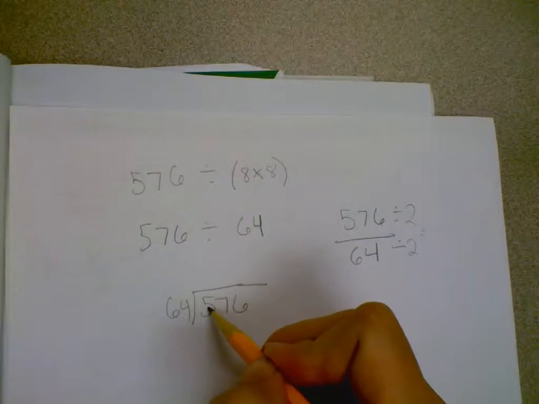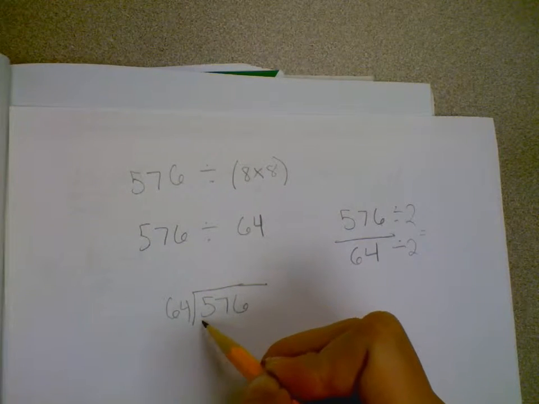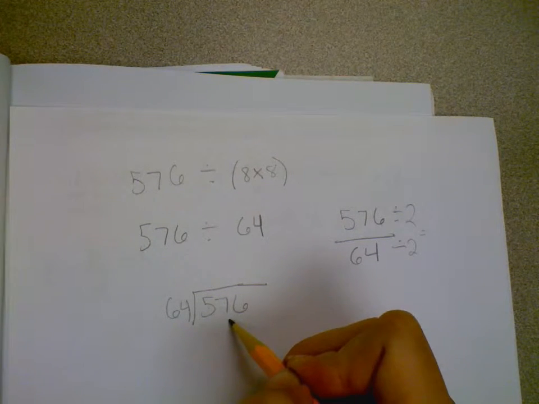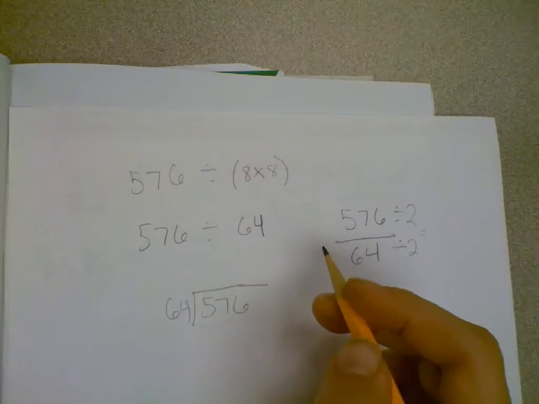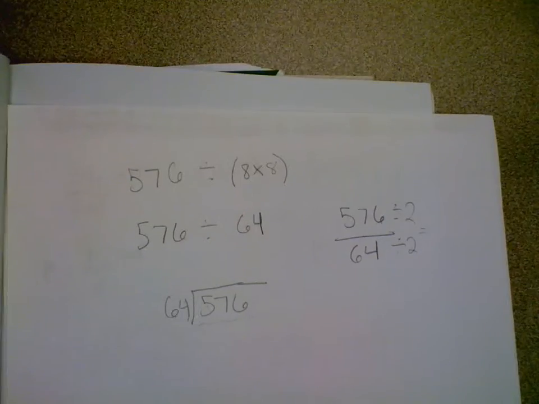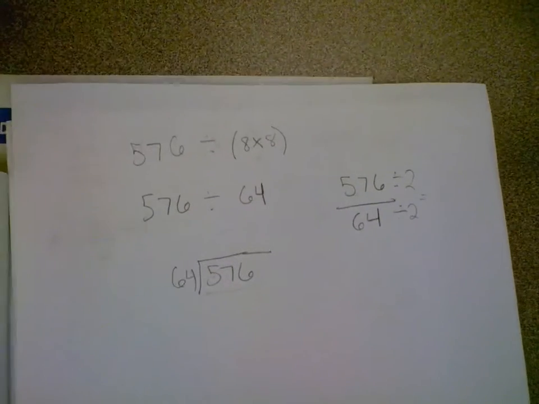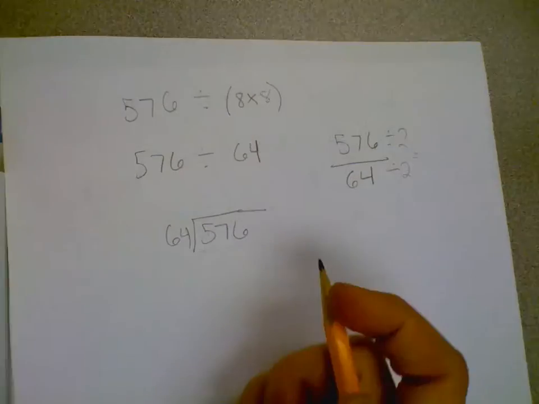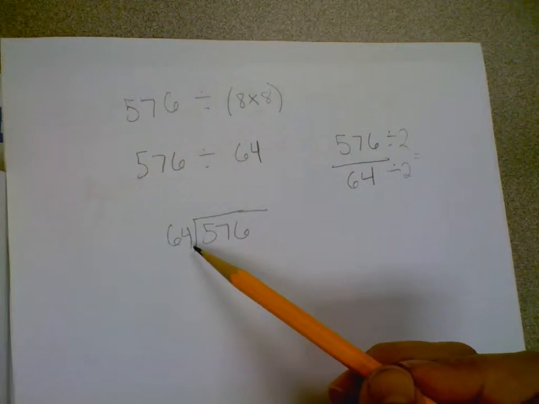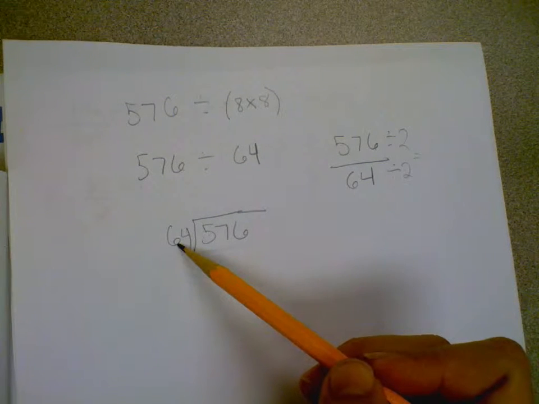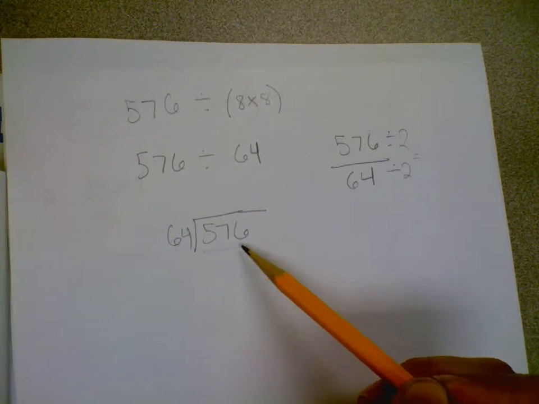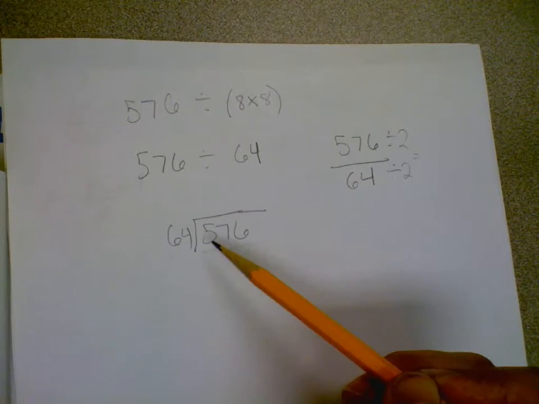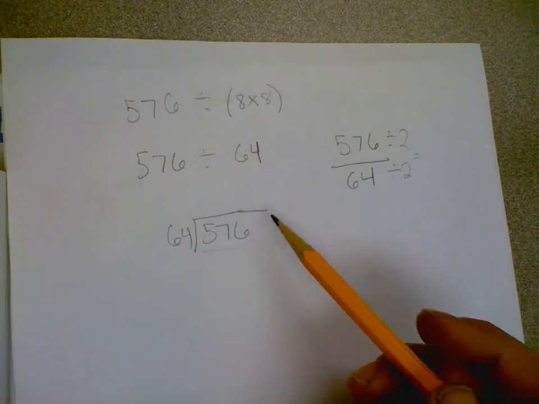I cannot make any groups of 64 out of 5, and I cannot make any groups of 64 out of 57. I'm looking for how many groups I can make out of 576. So I have to estimate in my head to get a starting point. I know that 10 groups of 64 is 640. So we're not too much off. So I'm going to start with 8 or 9.